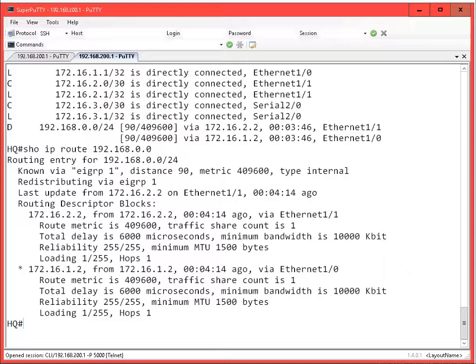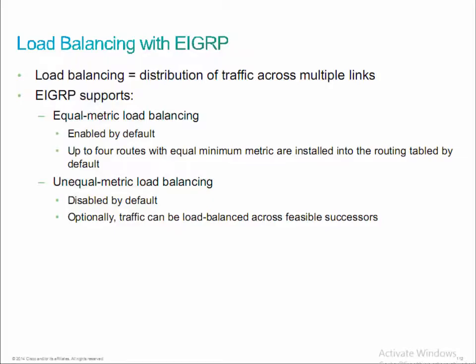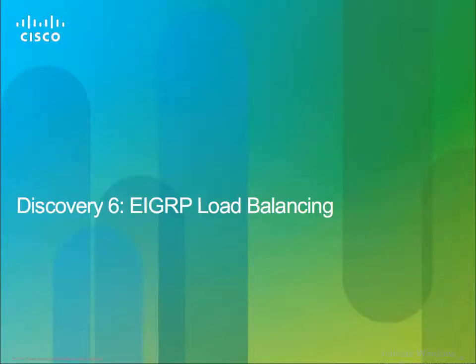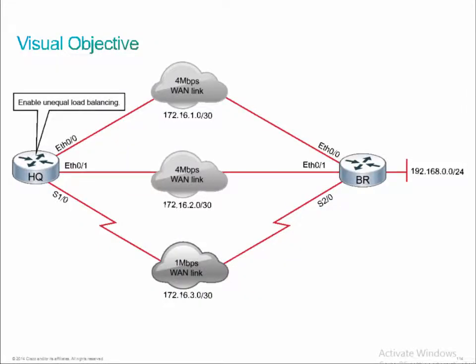So we're going to take a look at a discovery that allows us to identify how load balancing works in EIGRP. Right now we've got a 4 meg link here, a 4 meg link here, and a 1 meg link. So what we're seeing in the distribution algorithm is that these 2 links are being equally load balanced because by default that's how EIGRP load balances.